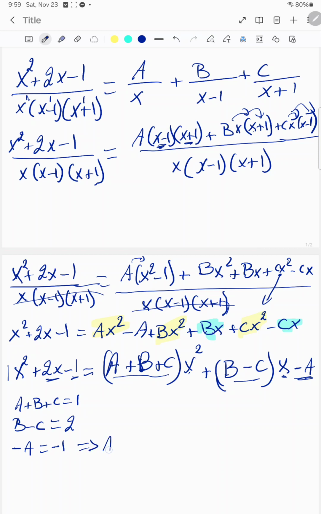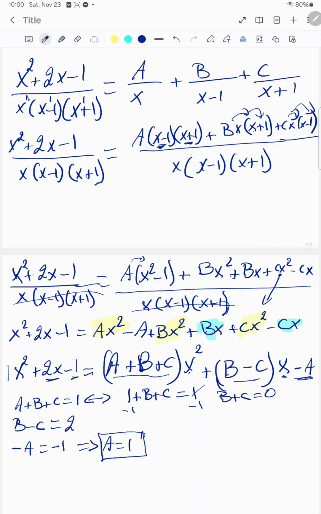That means my a is equal to 1. So now I know what my a is, and if I replace my a in that formula, I will have 1 plus b plus c is equal to 1. So I do minus 1 here, minus 1 here, so I will have b plus c is equal to 0.